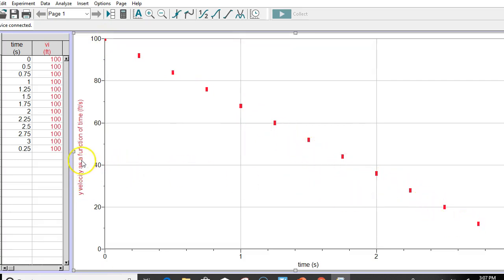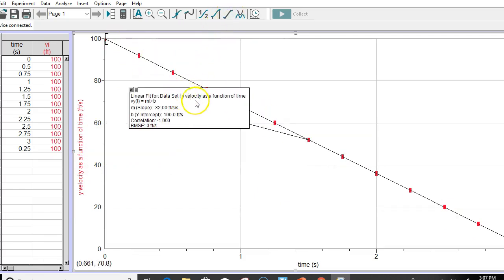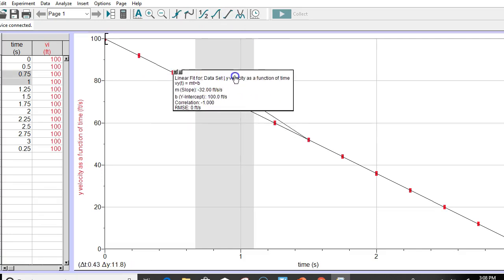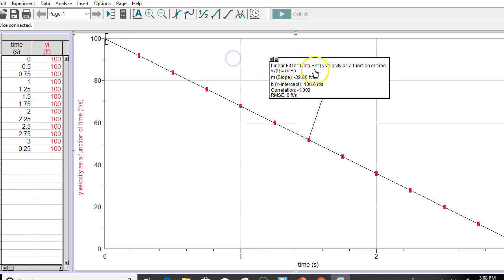We have a rate of change here, which is the slope of this plot. I could put in a straight line here and get that slope. There we are. We find that the slope of this is negative 32 feet per second per second. So I'm changing velocity from 100 feet per second to eventually 0.